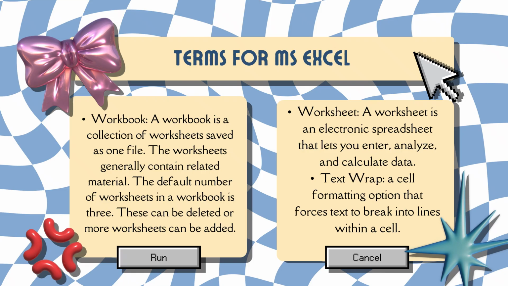The default number of worksheets in a workbook is 3. This can be deleted or more worksheets can be added. Worksheet. A worksheet is an electronic spreadsheet that lets you enter, analyze, and calculate data. Text wrap. A cell formatting option that forces text to break into lines within a cell.